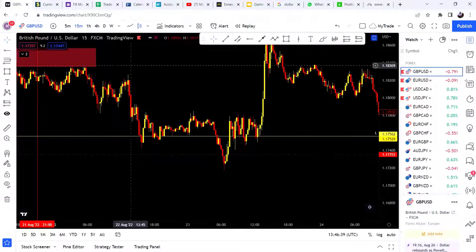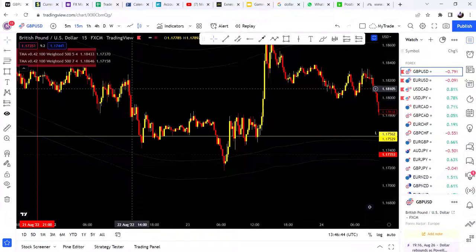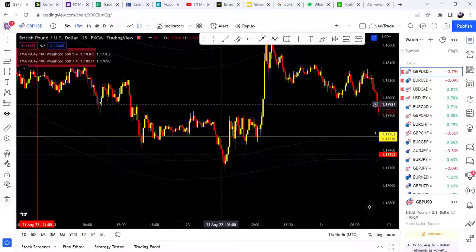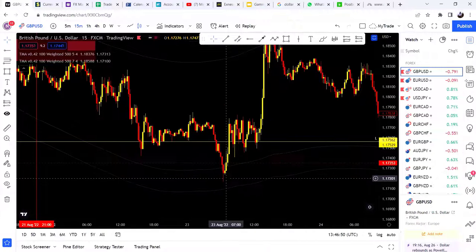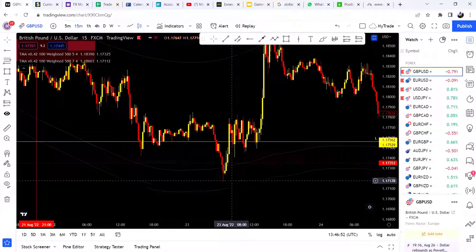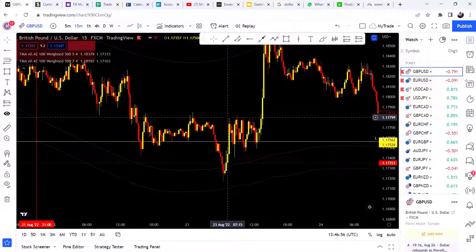So for something like this, always I have to have these bands in place. Then as price pierces into the band fully, more than halfway like this, I have to think that there is a higher possibility of a reversal.